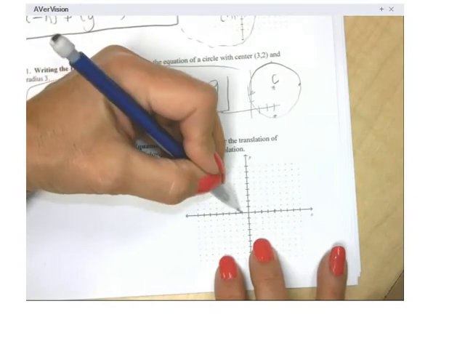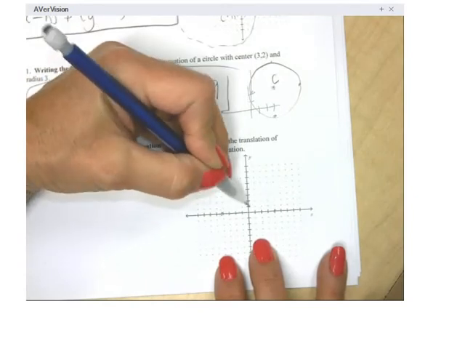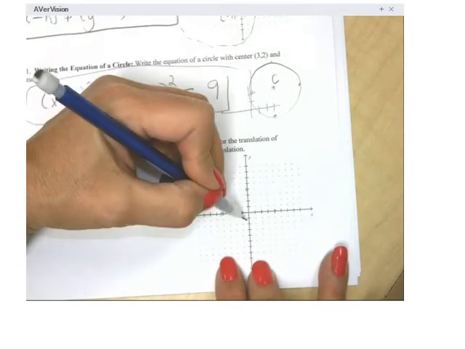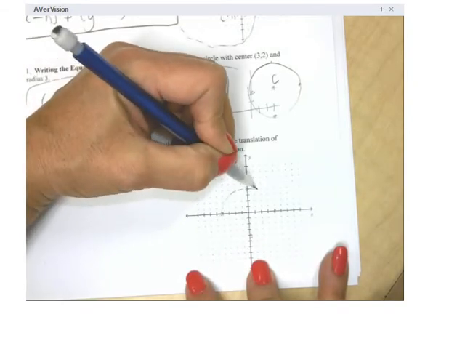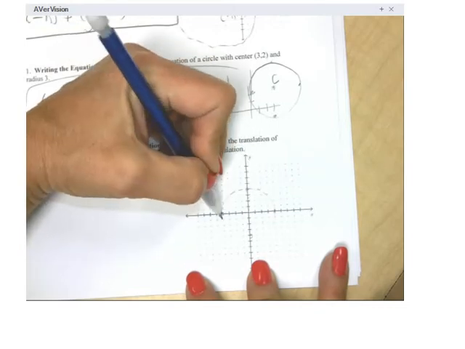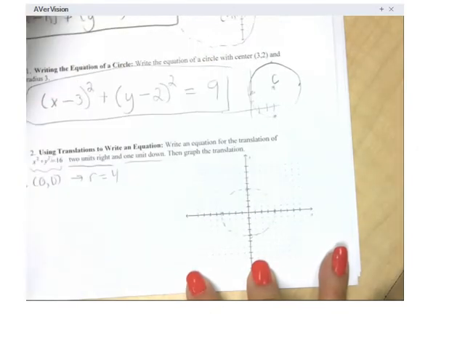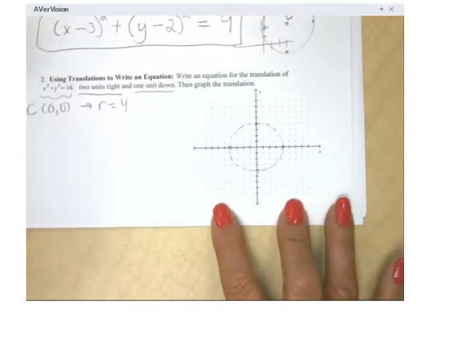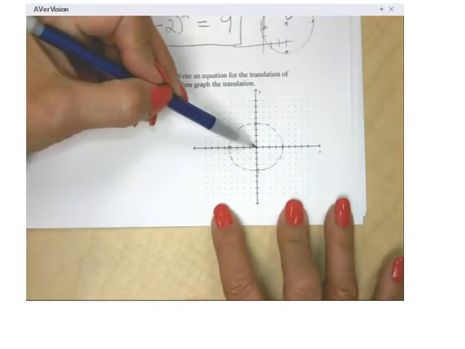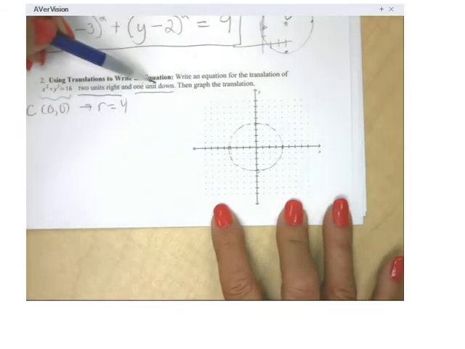So that would actually be this circle. We'll just sketch it in: 1, 2, 3, 4 in each direction. So if we were going to graph that, the circle would look like that. I didn't draw it very dark, I just dotted it in.